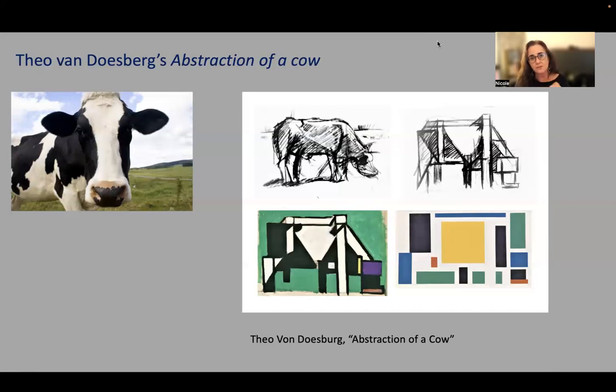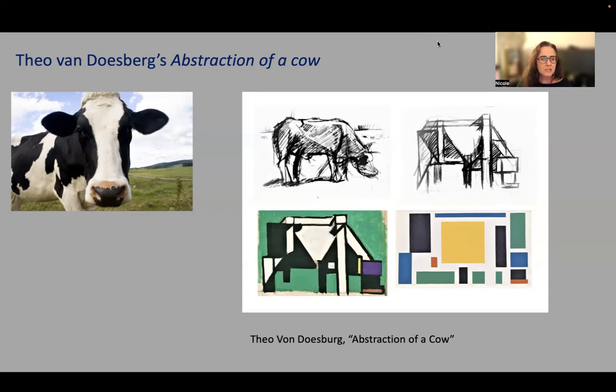So if we go then to the 3rd stage that we're looking at in what is really a series of experiments that Theo van Doesburg did called Abstraction of a Cow. So we're looking at a few of a bigger series of works. The 3rd one, the one in the bottom left corner, has now introduced color.